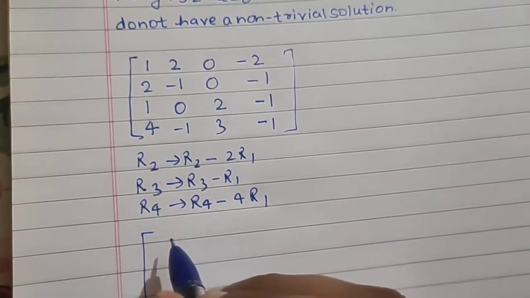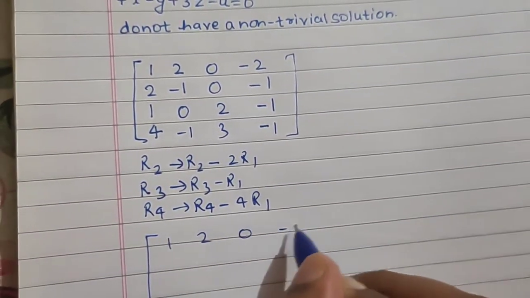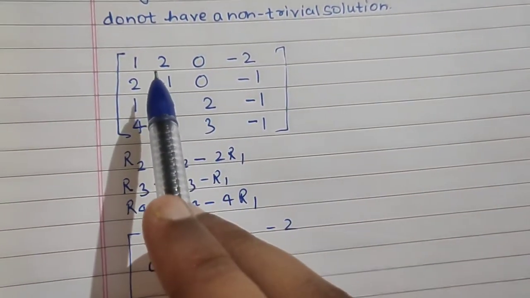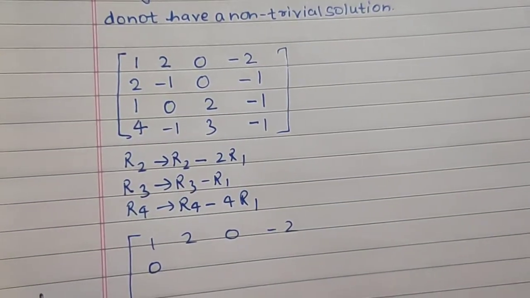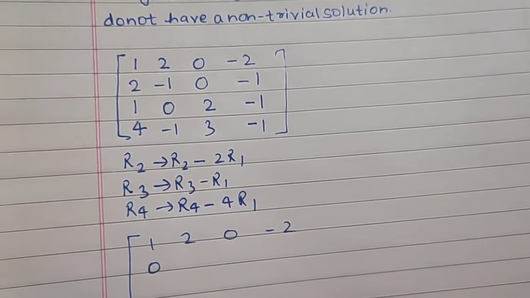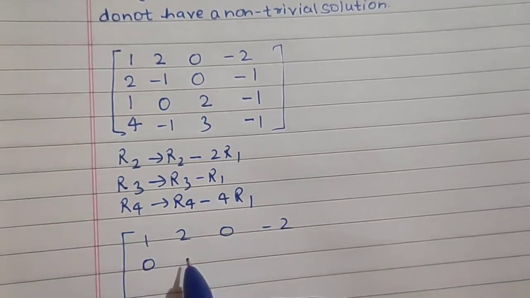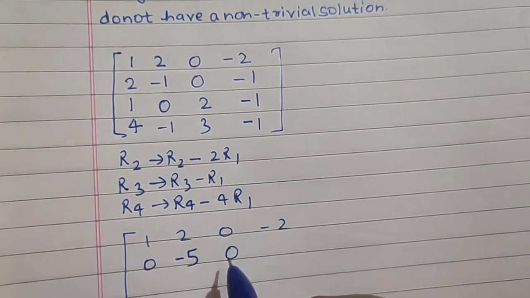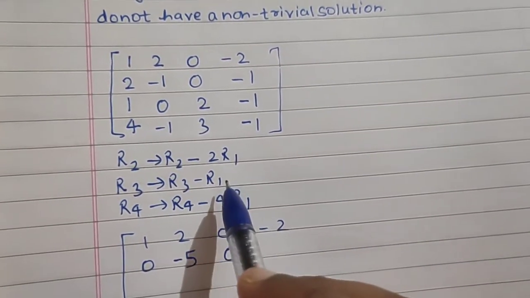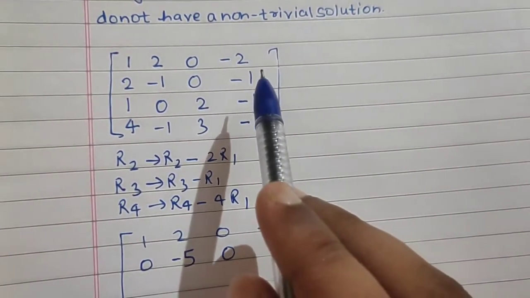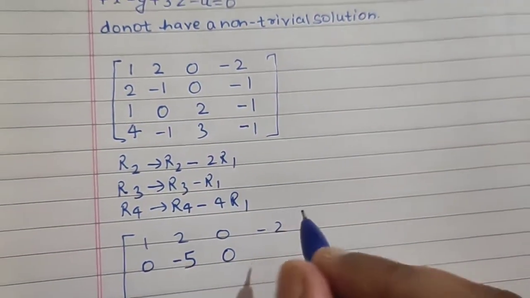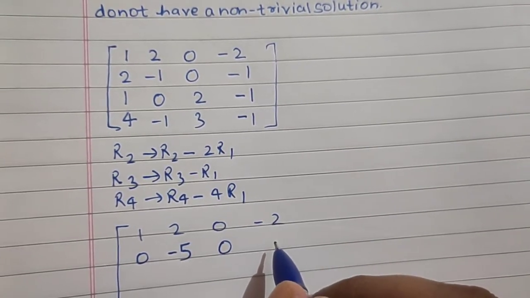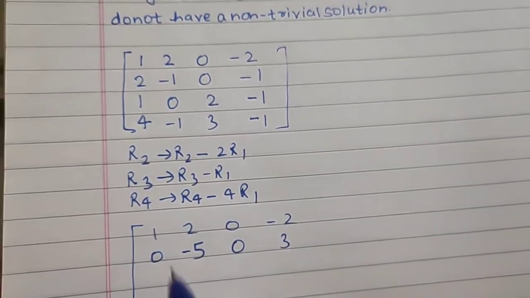So our matrix reduces to 1, 2, 0, -2. This is 0. This will be 4. Its twice will be 4, and as we are subtracting, so it will be -5. This will be 0. Okay, and this will be 4, but as we are subtracting, actually we are adding, minus minus plus, so 4 -1, that is 3.